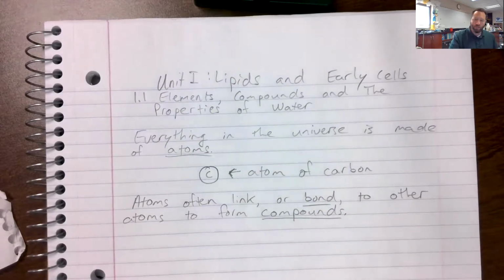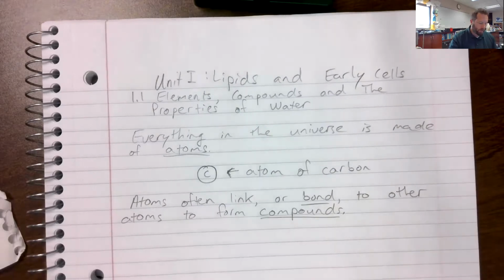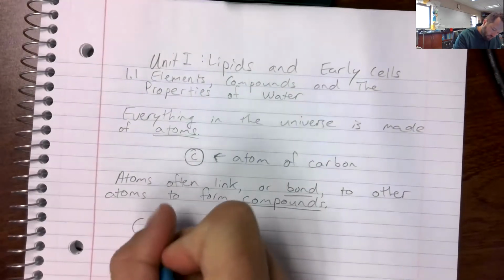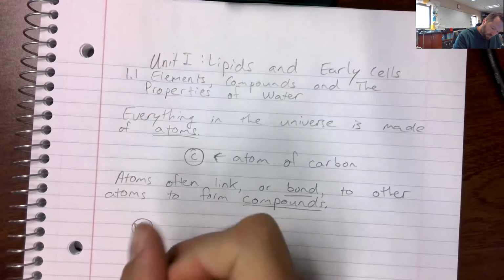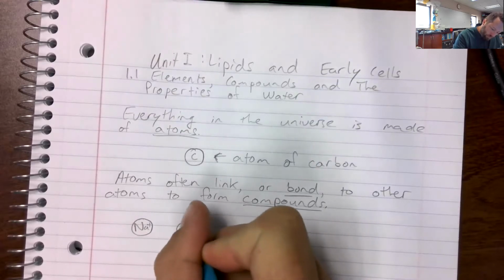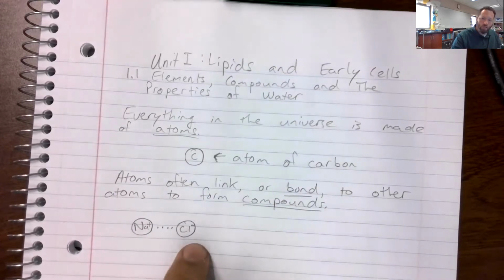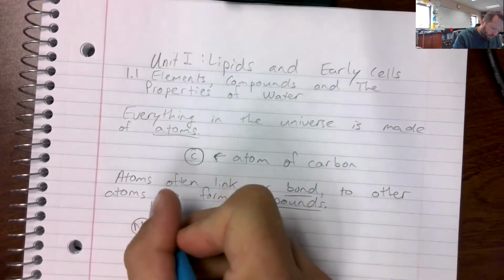atoms often link or bond to other atoms to form what we call compounds. Compounds are two or more atoms linked together. A couple of examples for you here. There's sodium and chloride, and they are bonded together.